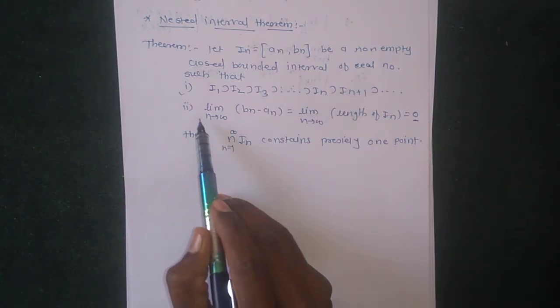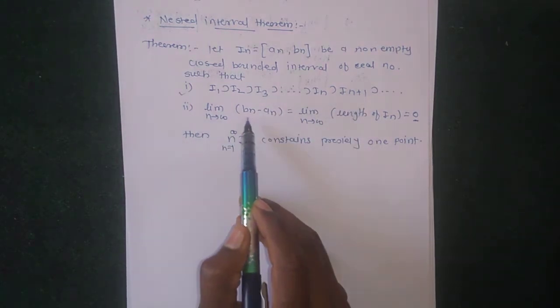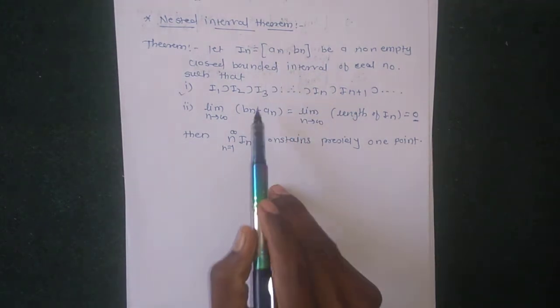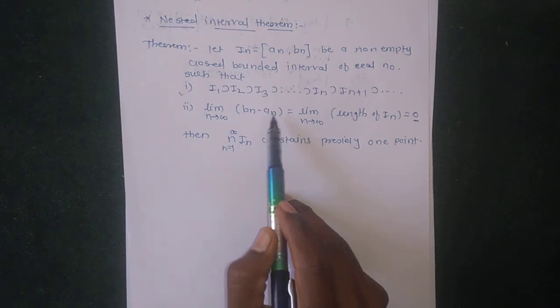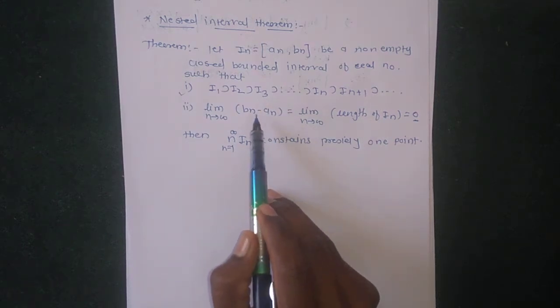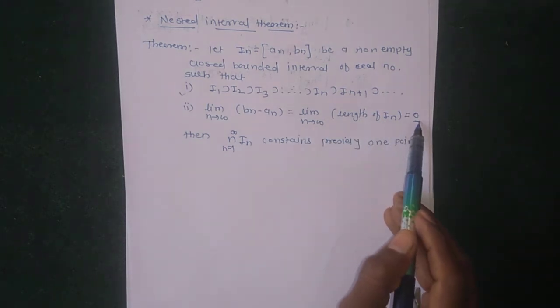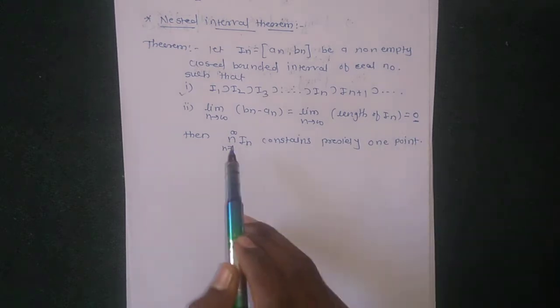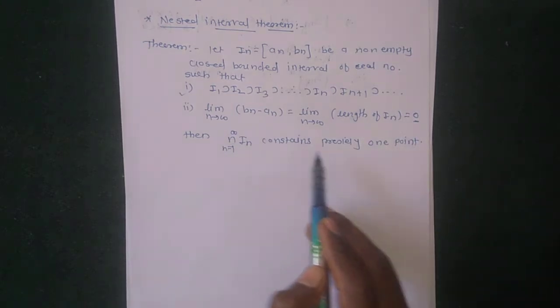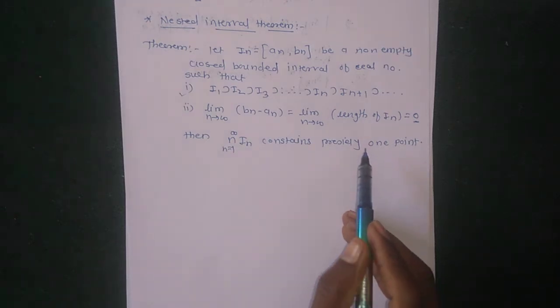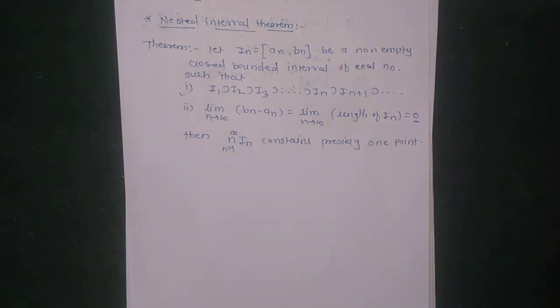And second, it is given that the limit as n tends to infinity of the length of the interval, Bn minus An, is equal to 0. And we have to show that the intersection of In contains precisely one point, which means it contains only one point in the given interval. So, the proof of this theorem.